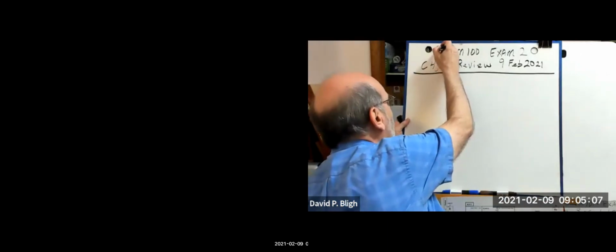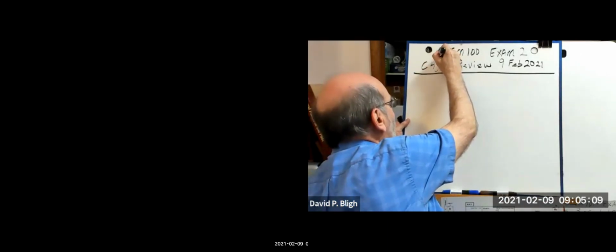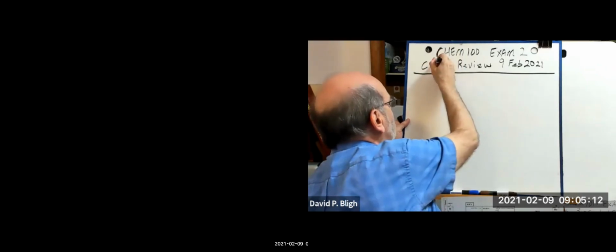What I'm going to do is take the review document that I've posted in Blackboard and work from that. I've picked out several of the questions from the review document to give us talking points. All right, so let me share that document, and let's see.